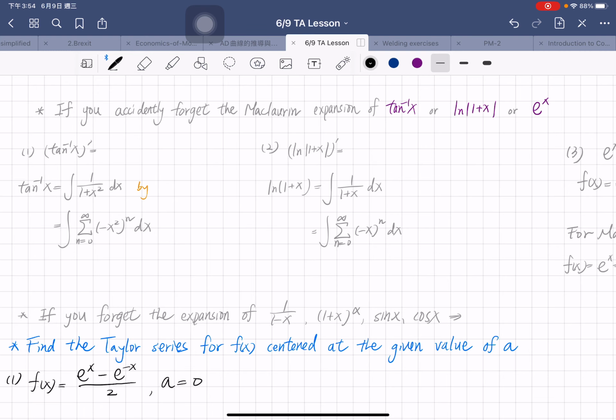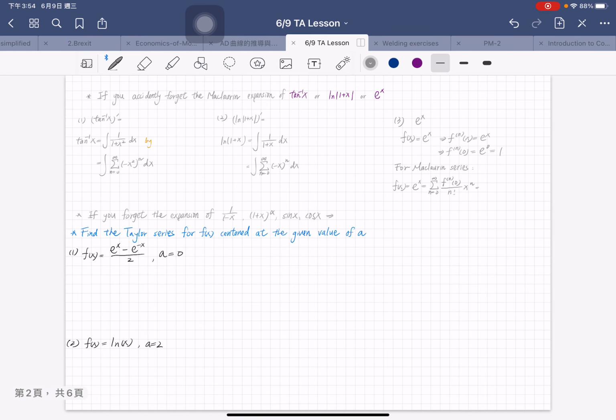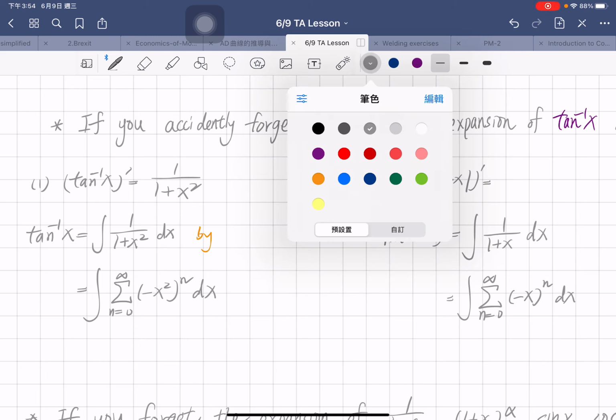This can actually be derived from the other 4 elementary functions. Let's recall that the arctangent derivative is 1 over 1 plus x squared, right? So now we want arctangent, so we integrate 1 over 1 plus x squared with respect to x, dx.